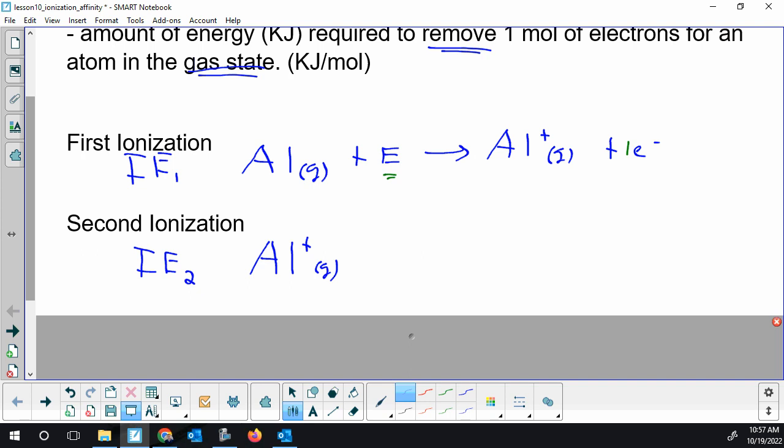We're going to need more energy, the energy required to remove the second electron. You remove an electron, and it goes from +1 up to +2 as you take away a negative charge. Going from +1 to +2 is the removal of a single electron, and that's how we'd define the energy for the second removal.